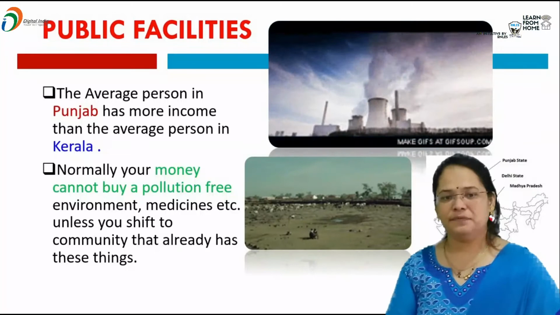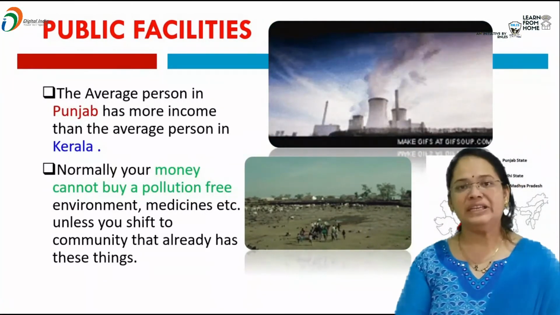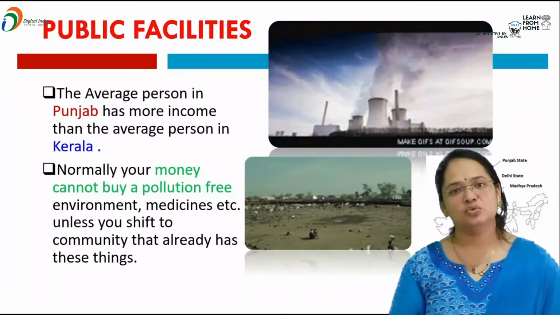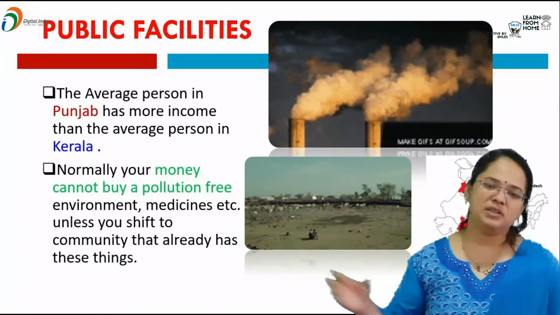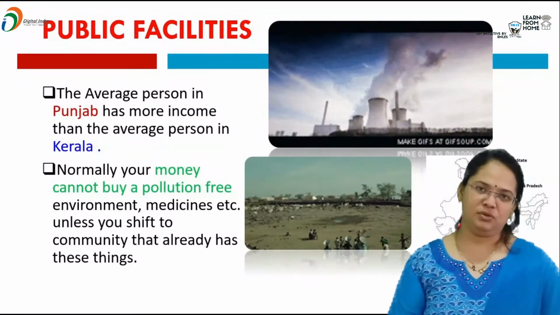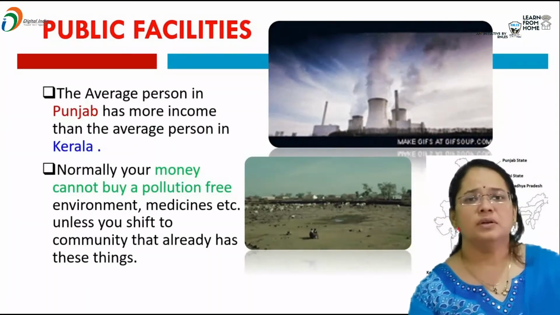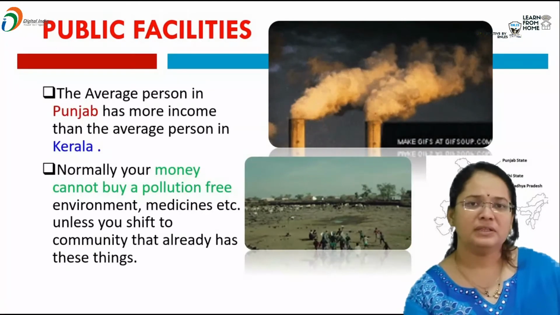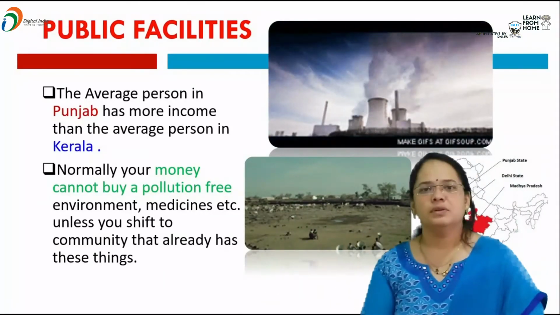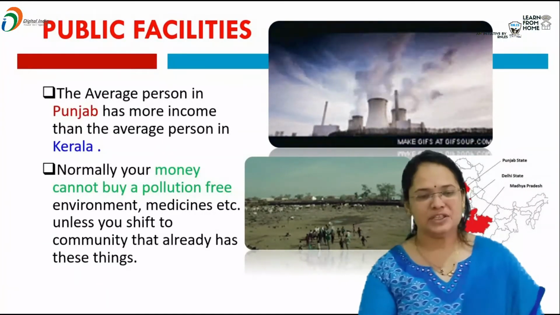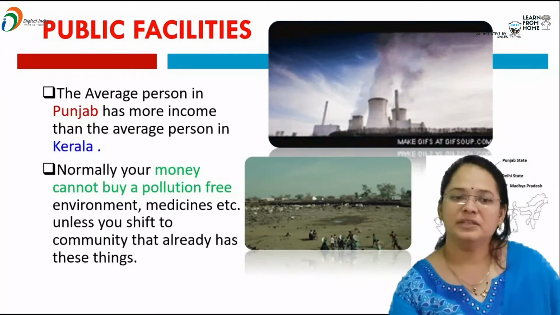Using money, we cannot buy everything, like a pollution-free environment or medicines, unless we are settled in a community which already has those facilities. Yes or no? So when we are living in that particular community, only then do we have access to the facilities that lead us towards development. That's why public facilities are needed. Hence only we can develop.